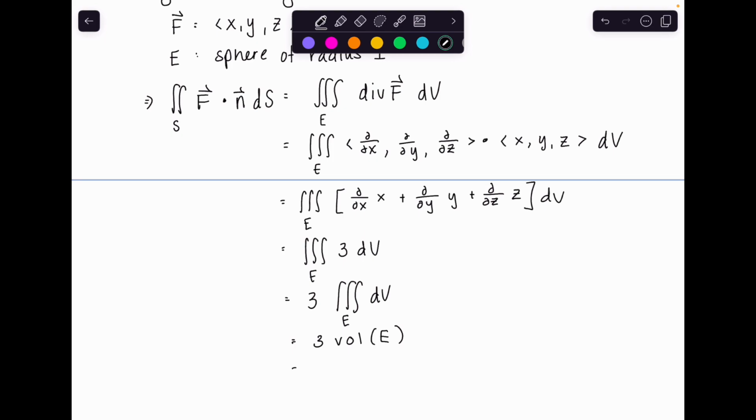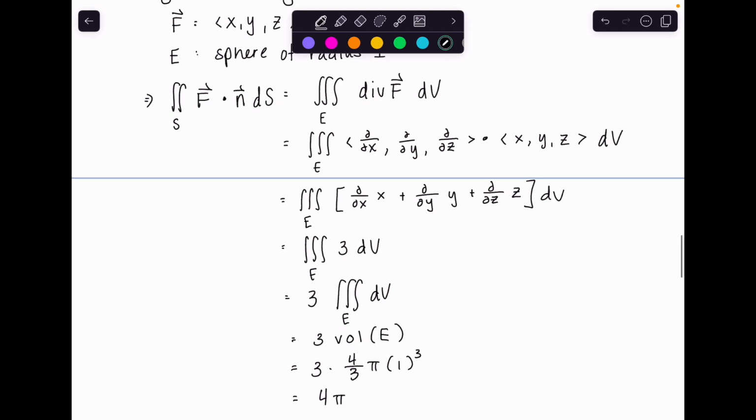The volume of a sphere is 4/3 pi times the radius cubed. The 3 and 3 cancel, and this leads you to 4 pi. The exact same answer, but without as many calculations needed. So this theorem is awesome because a lot of times it does end up resulting in a much simpler integral with fewer calculations that we have to do.